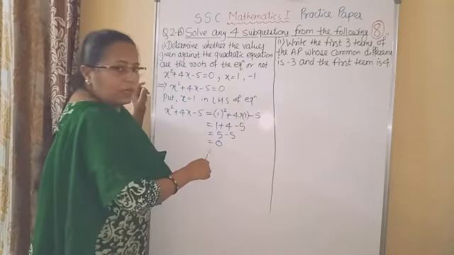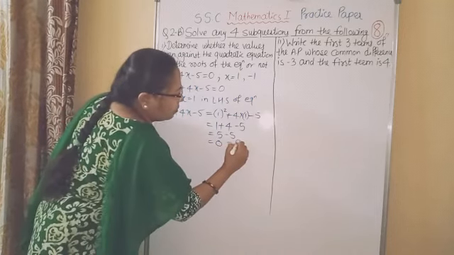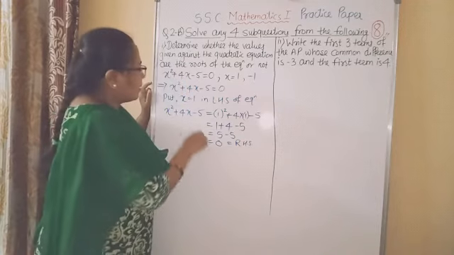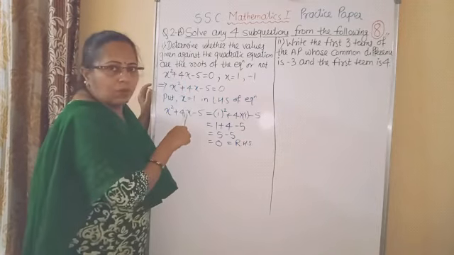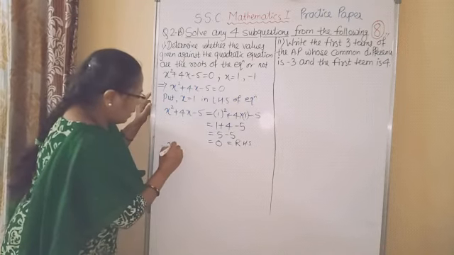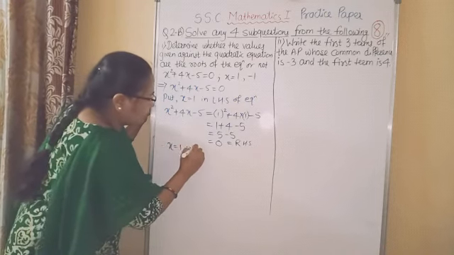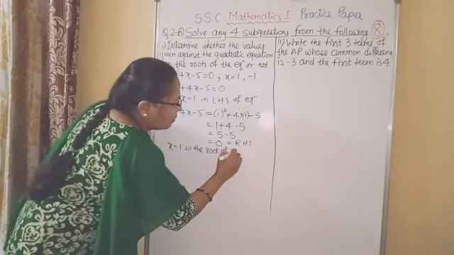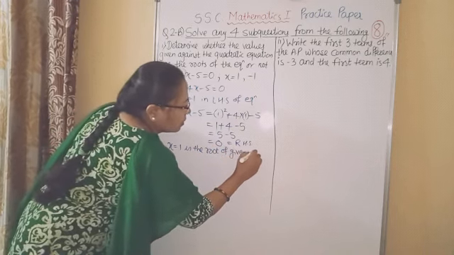So this value we got is 0, which is equal to RHS. That means x equal to 1 is the root of the given equation. Therefore, x equal to 1 is the root of the given equation.